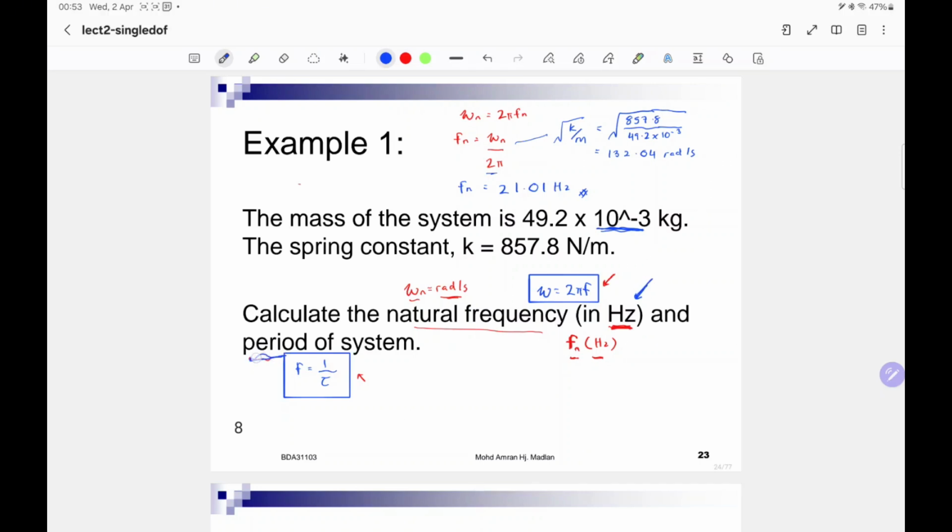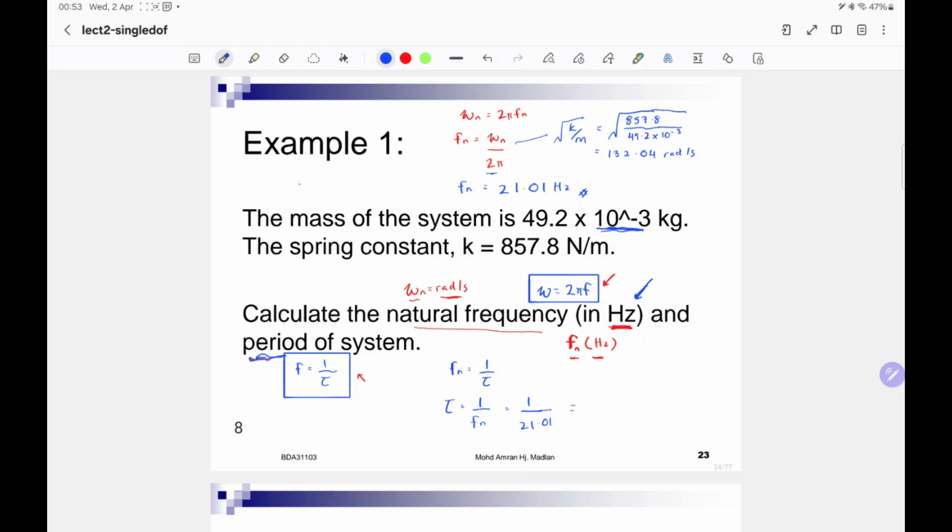Next, we want to determine the period of the system. We know that fn is equal to 1 over period. So period is 1 over fn, 1 over 21.01 Hertz.